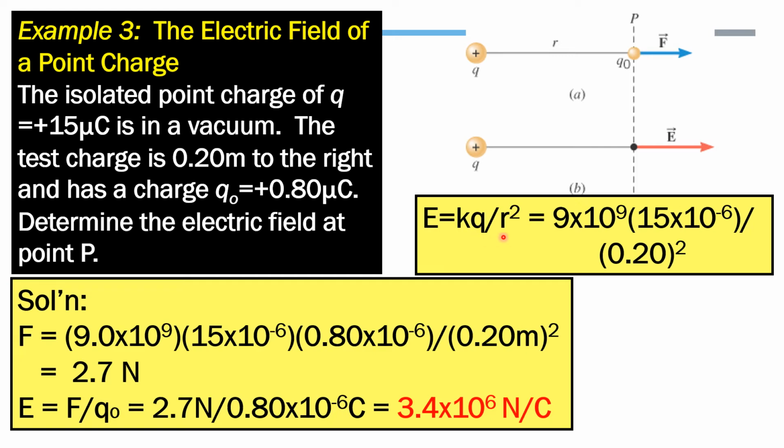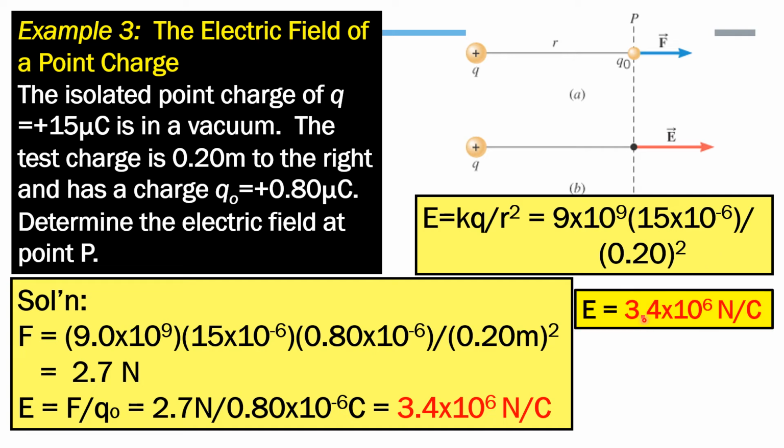So substituting the value for K as well as the value for the center charge already converted to coulomb and dividing by the same value of R, and doing our math, we will get the value for the electric field, 3.4 times 10 to the 6th power Newton per coulomb, which is exactly the same as what we got earlier.